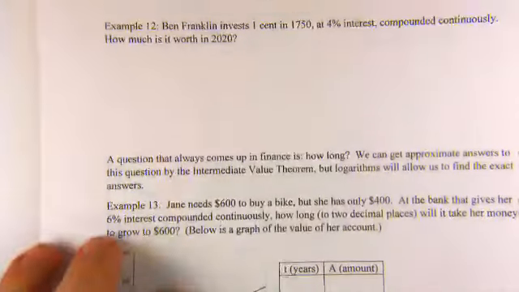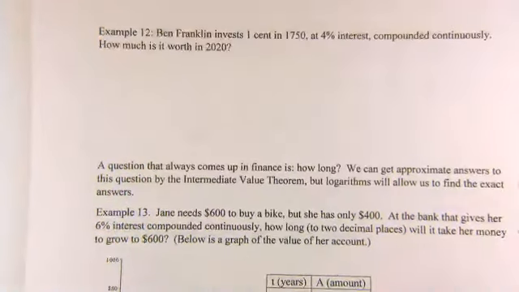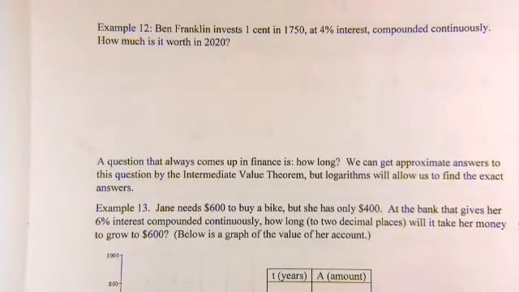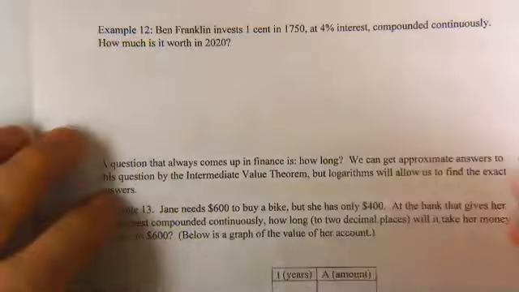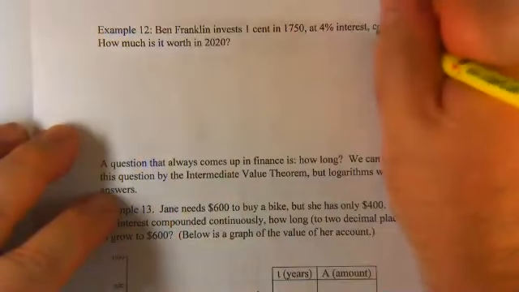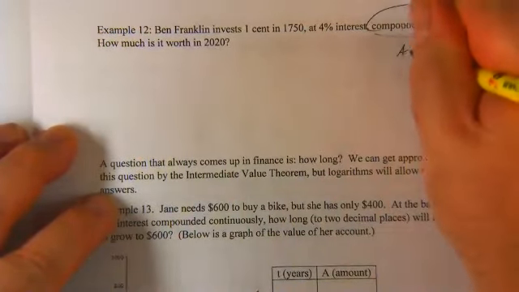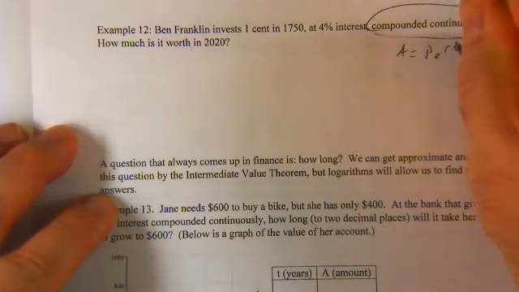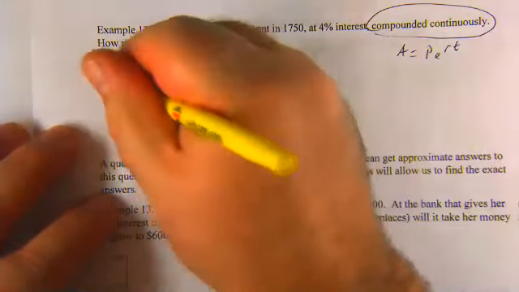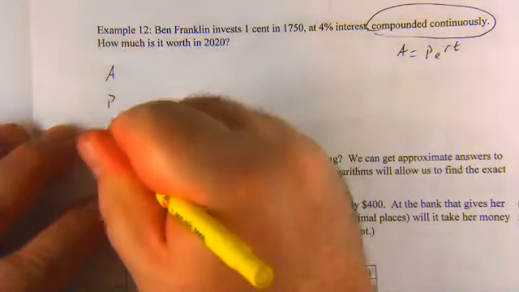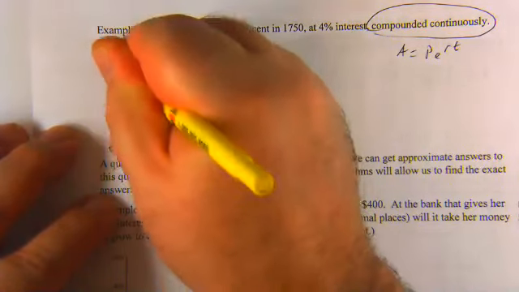Great. So suppose Ben Franklin invests 1 cent in 1750 at 4% interest compounded continuously. How much is it worth in 2020? Compounded continuously means we have that formula. So A, P, R, T, what are those in this?